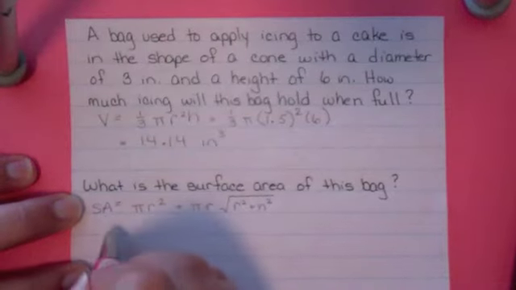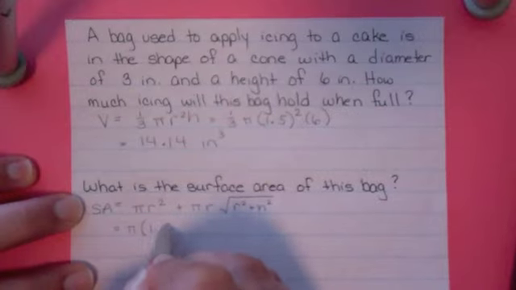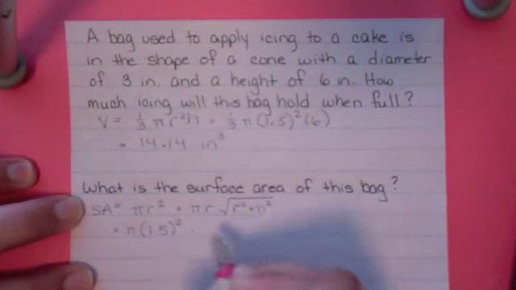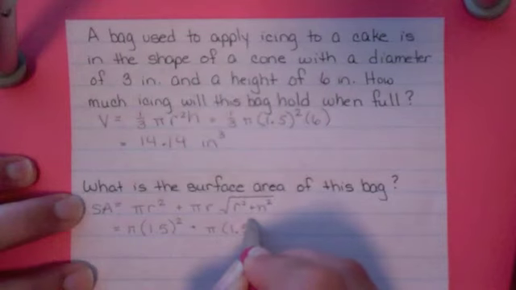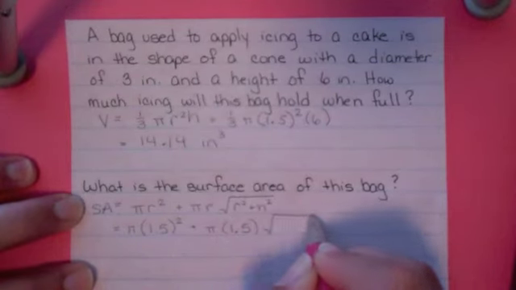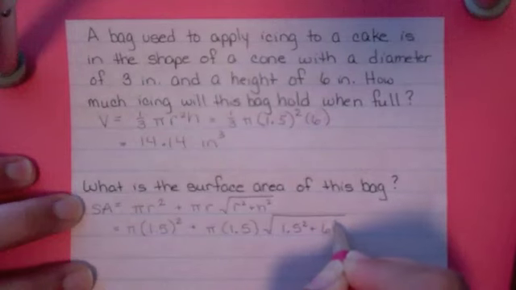All right, so the first thing I'm going to do is plug my values in. Well, I know that r is 1.5, so wherever I see an r, I'm going to put a 1.5. And h we knew was 6.